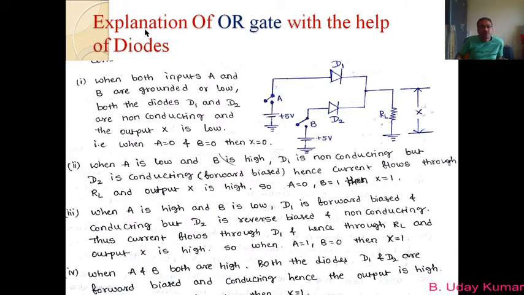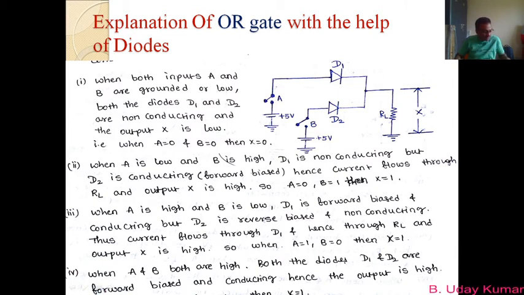Coming to this topic, this is an OR gate. We are trying to understand its operation with the help of diodes. Can you see this diagram? We have two diodes here. This is the circuit which helps us to understand the operation of OR gate. You know the truth table of OR gate, right?